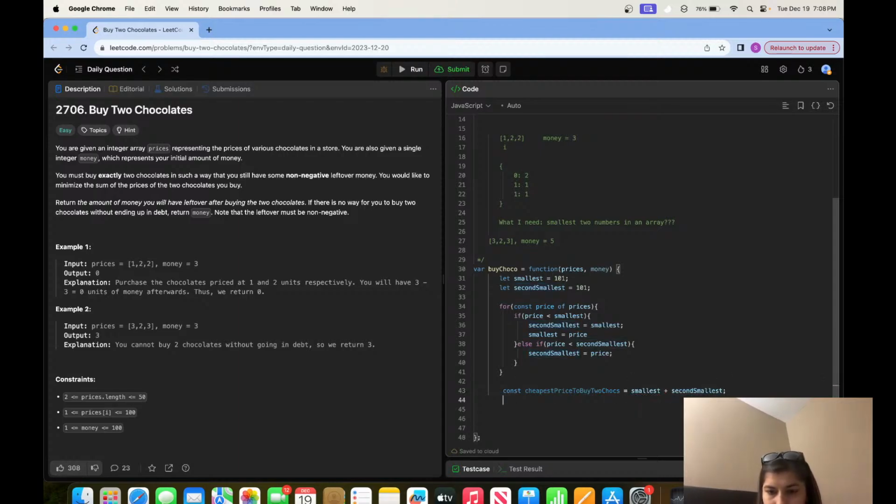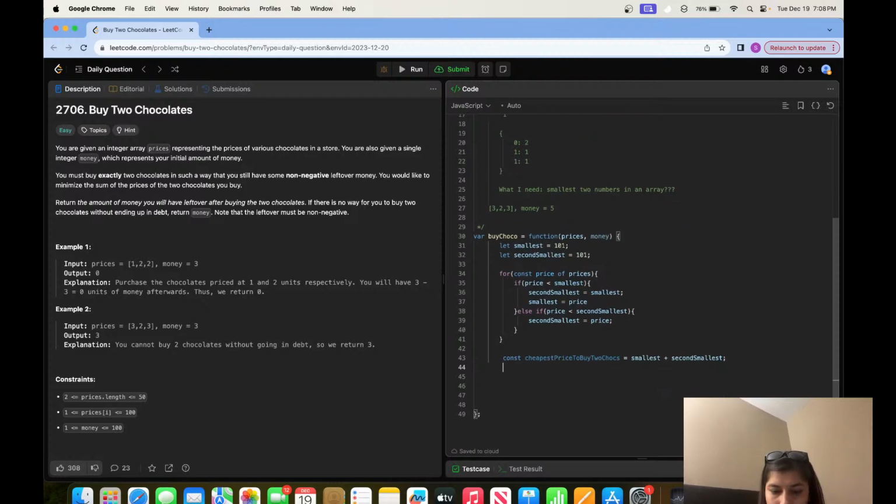Okay, so this is the cheapest price to buy two chocolates from that store. It means that if money is less than this one, okay, if it is less than this one, then I will just return money.